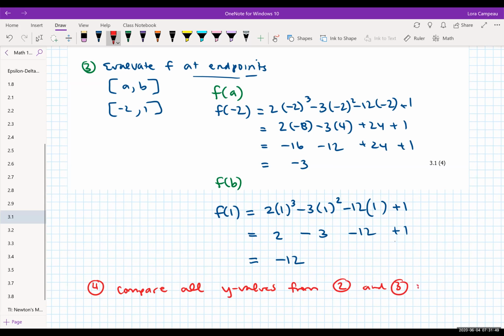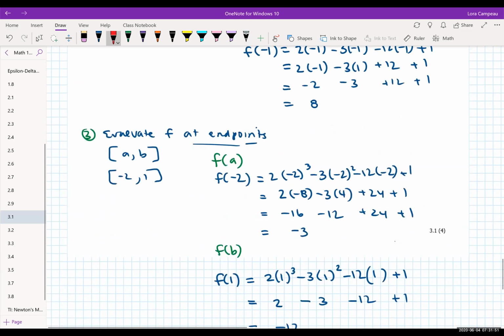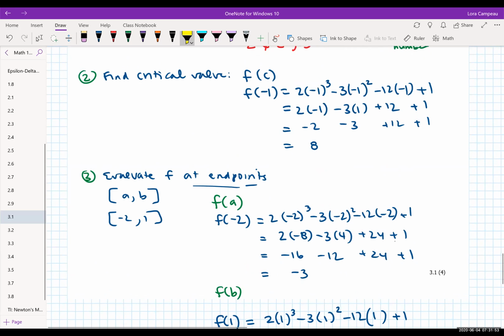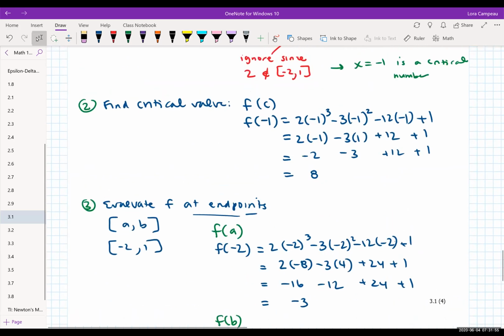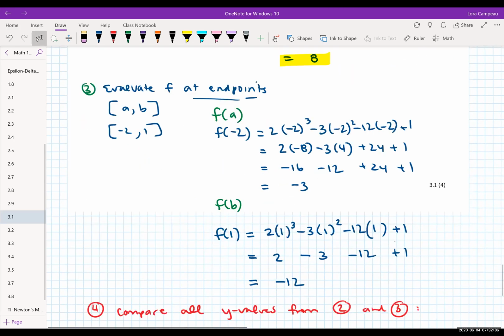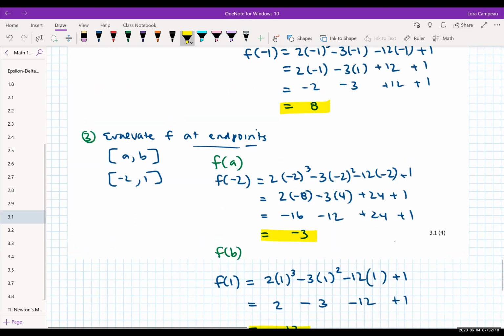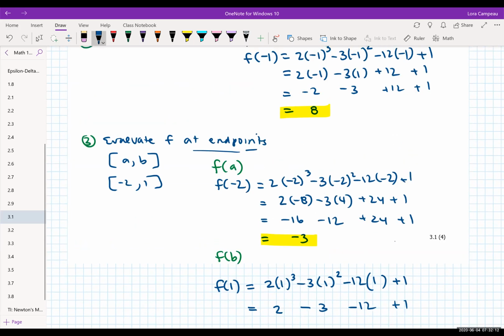Okay, so what I do is I just go back and I say, okay, this was my y value, and here's another y value, and here's another y value. And a lot of times they like to consider this in terms of the critical point. So it's not a bad idea just to mention it all at once.